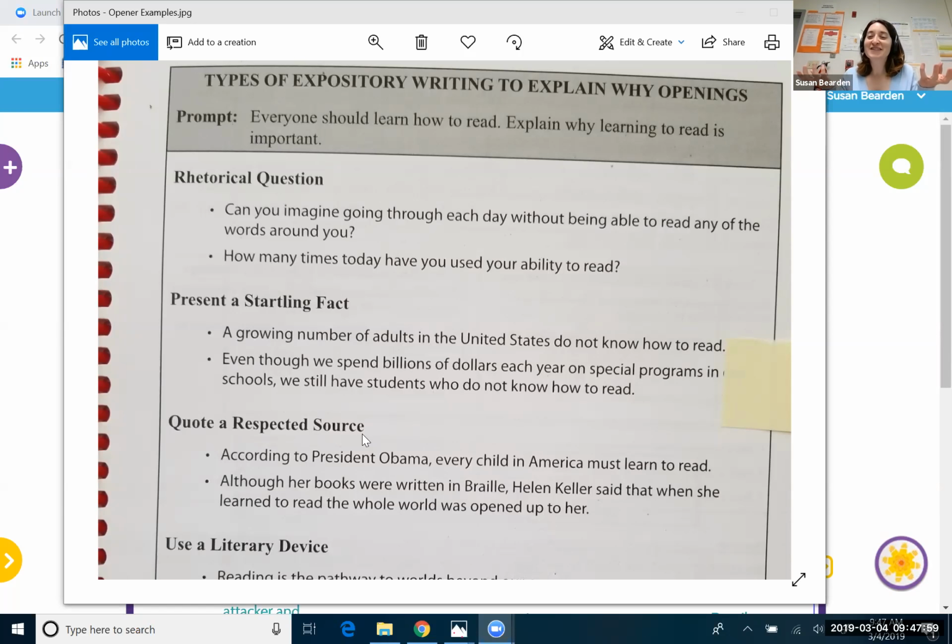Again, you can use your journal and your evidence log. Brilliant that you've been doing such a thorough job with that, right? I know, I love it. All right. So in this case, look at this first example. It says, according to President Obama, every child in America must learn to read. Now, here's what I like about this quote.